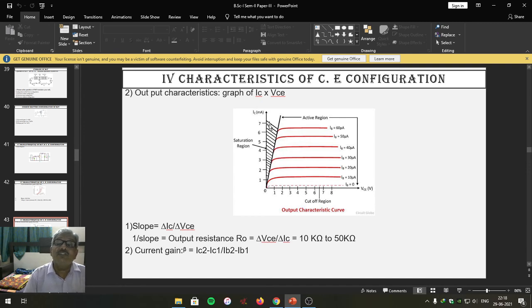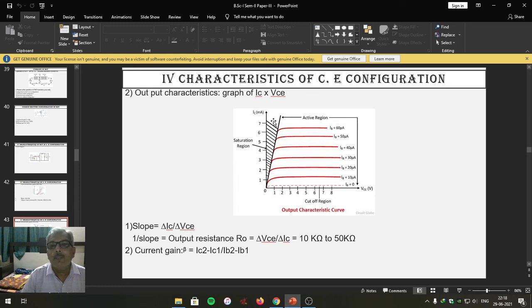In this case, both the junctions are forward biased. Here collector current is maximum. BJT goes to saturation. Above that maximum current, no current flows. That's why this region is called the saturation region.